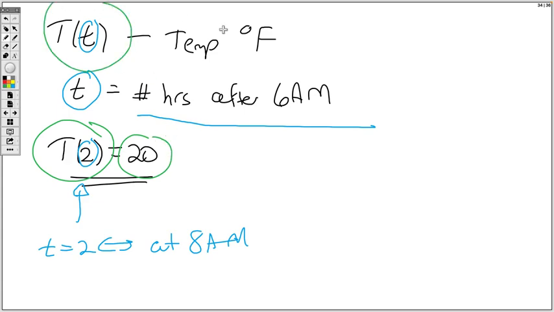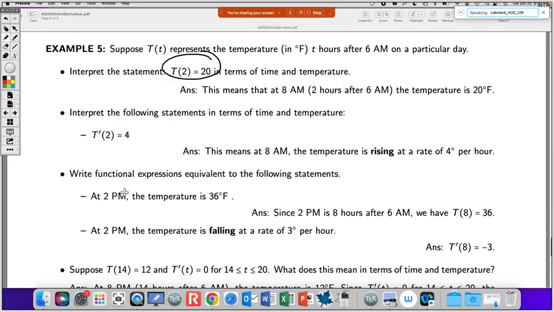Big T is temperature. So at 8 a.m., it's 20 degrees Fahrenheit. You with me or not, folks? Okay? Now, contrast that with T prime of 2 is 4.